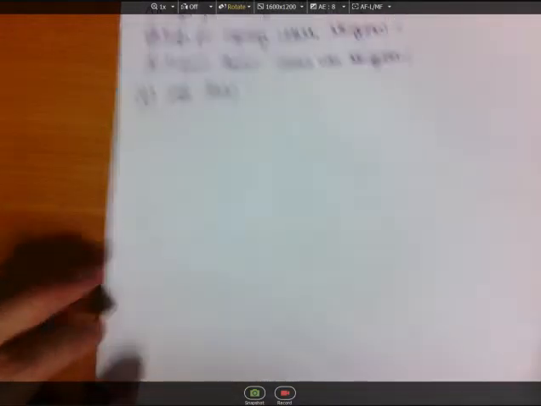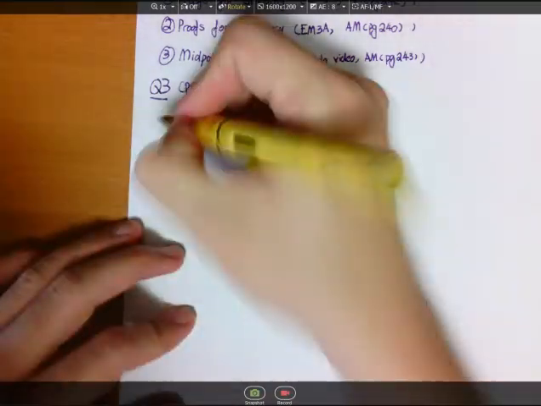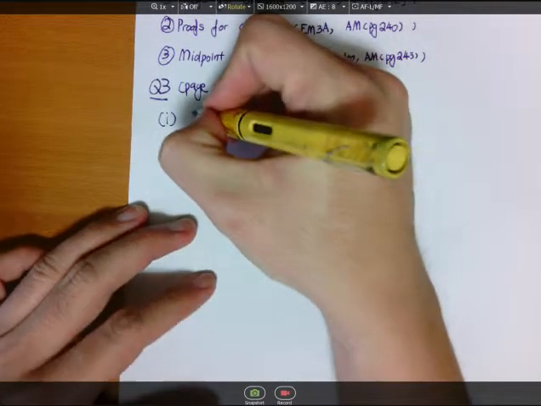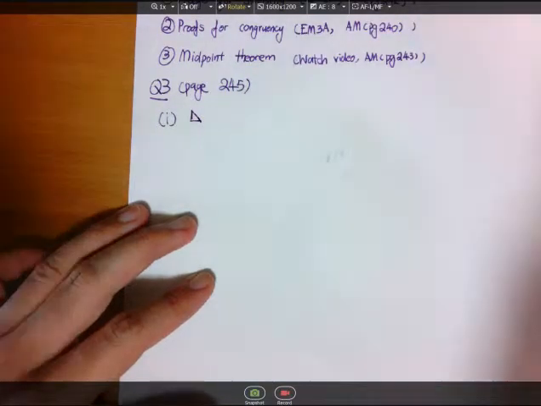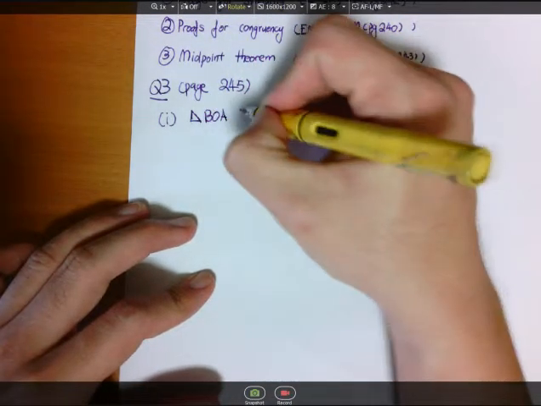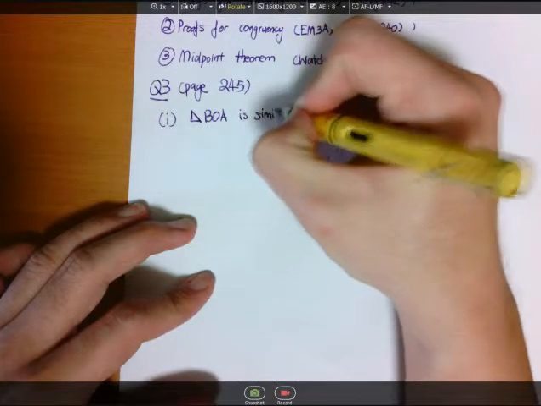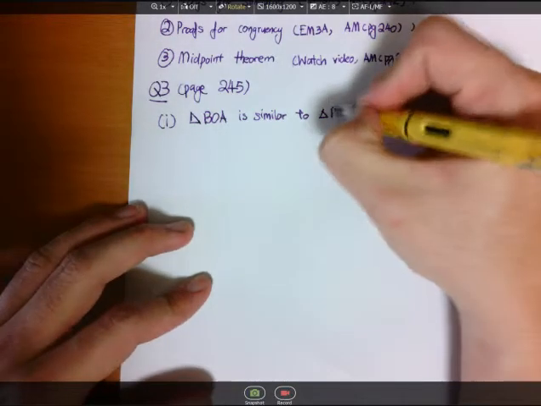In order to prove that AB over BO equals BT over BY, for part 1, I will first use the relationship they've given me, where they say that triangle BOA is similar to triangle BYT.